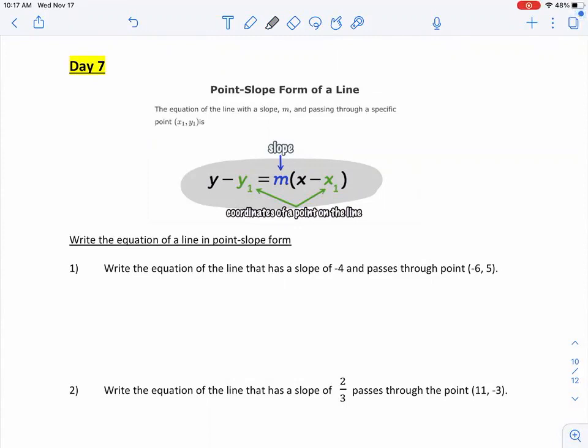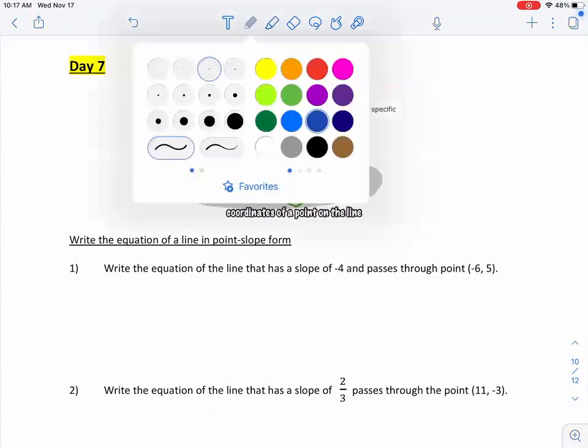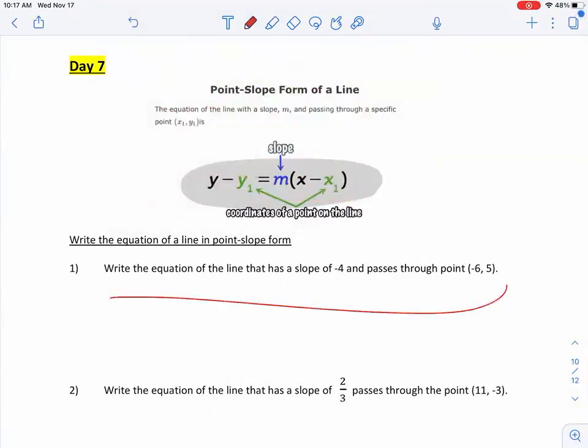All right, so this is going to be quick for the first one. So pay attention for the next 30 seconds so you know what goes where. I'm going to do this first problem. It's going to take us 30 seconds tops.